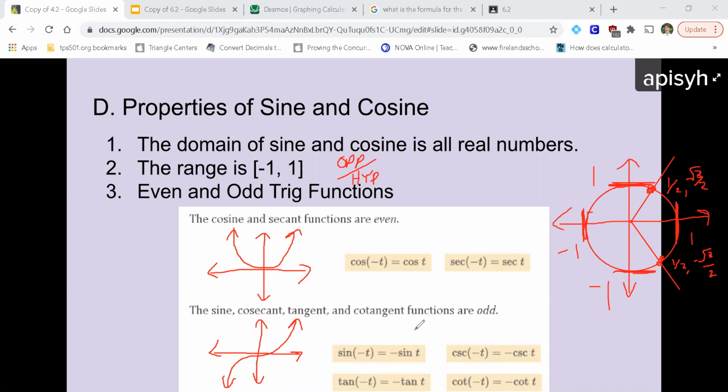So you get the same answer, it's just the opposite sign. And that happens to be the same thing with cosecant, tangent, and cotangent. All that happens when you change the angle from positive to negative is you get the same answer, just with the opposite sign.